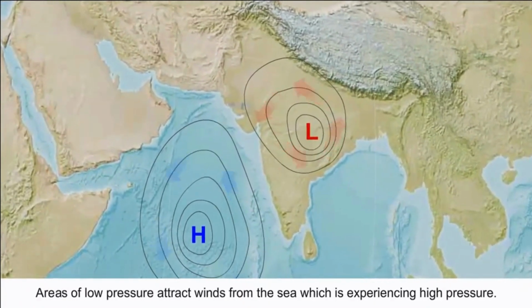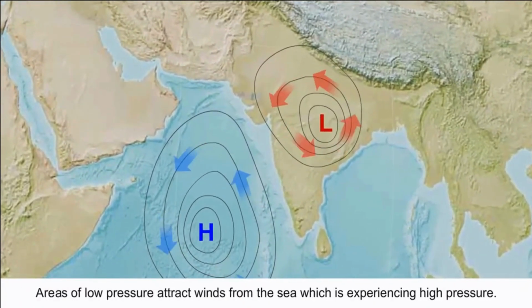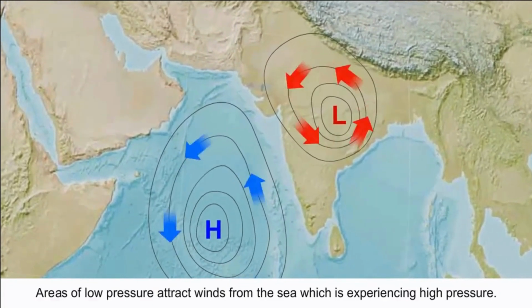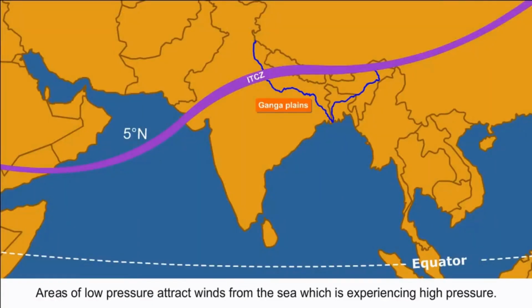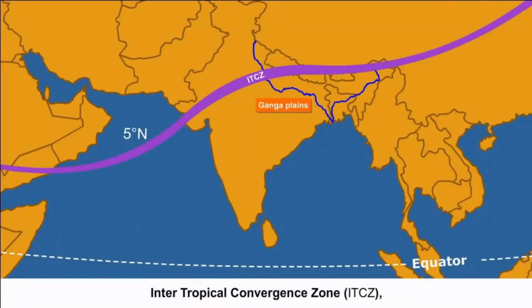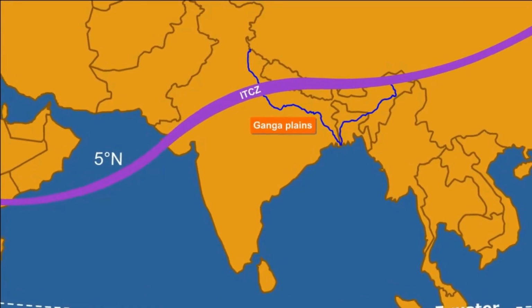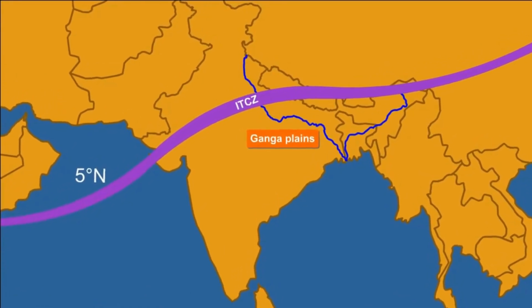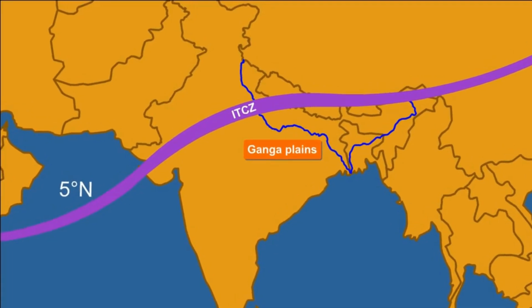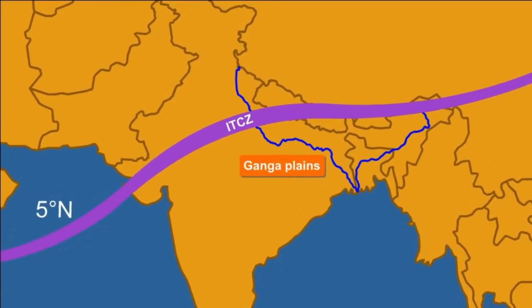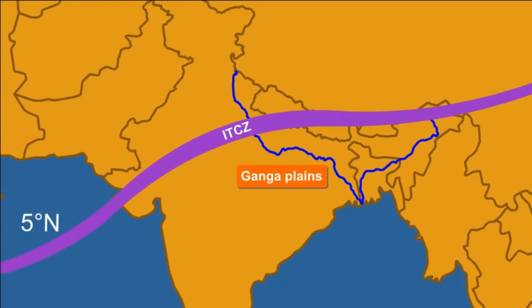Areas of low pressure attract winds from the sea, which is experiencing high pressure. 2. The Intertropical Convergence Zone, or ITCZ, usually positioned at 5 degrees north of the equator, shifts northward over the Ganga plains in summers. This shift also triggers monsoons in India.